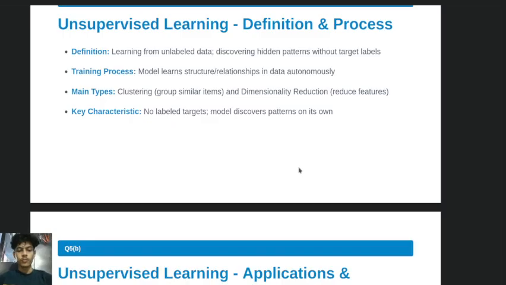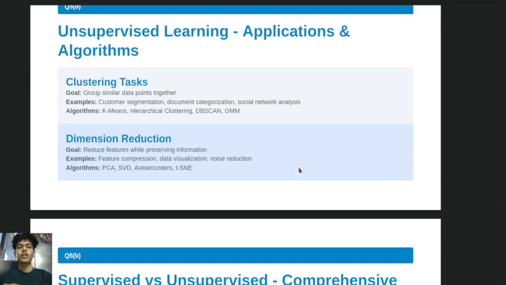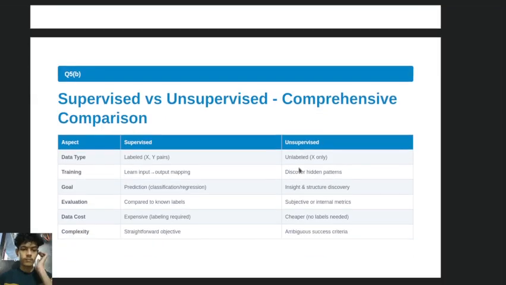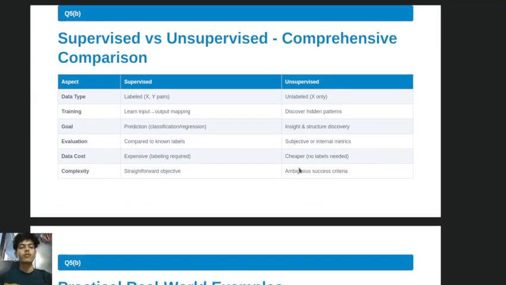Now the key differences between supervised and unsupervised learning: supervised has labeled data while unsupervised has unlabeled data.